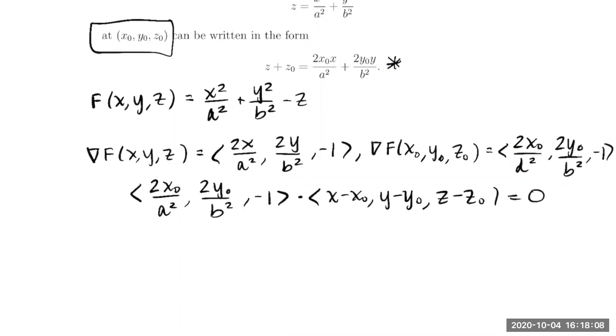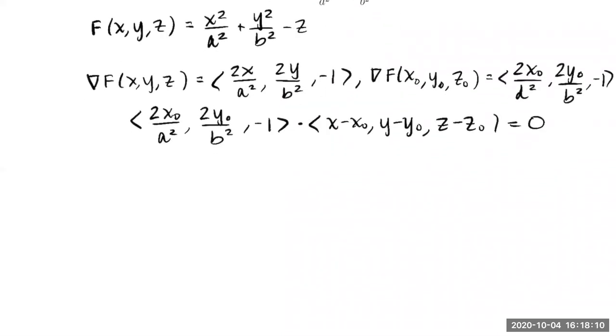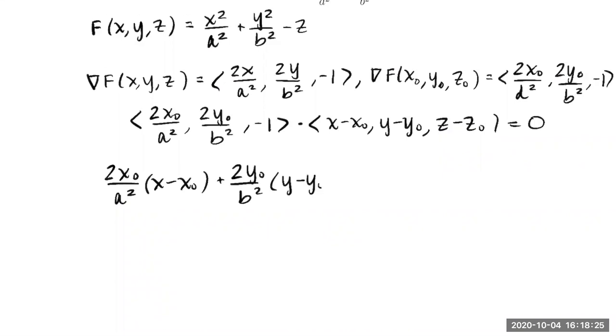All right, so let's carry out the dot product. That is 2x0 over a squared times x minus x0 plus 2y0 over b squared, y minus y0. And then I just have minus z minus z0 equals 0.